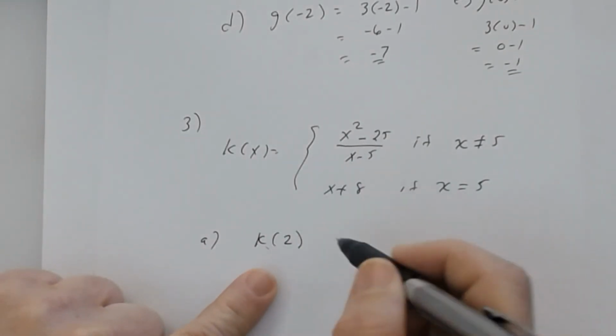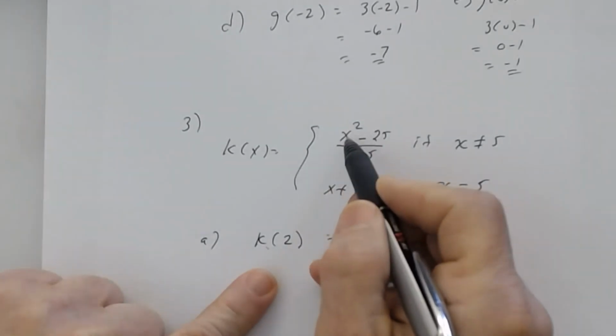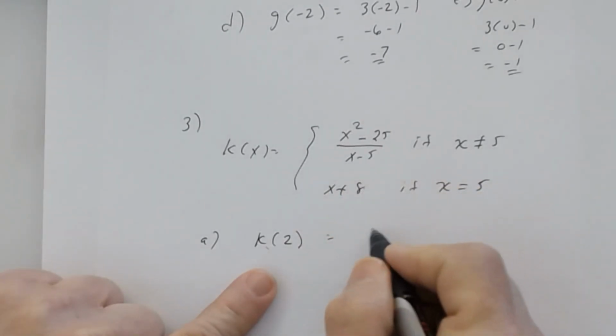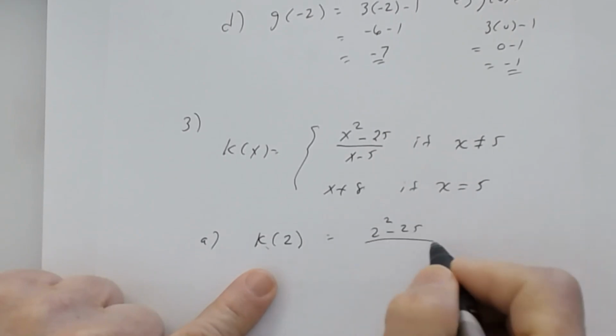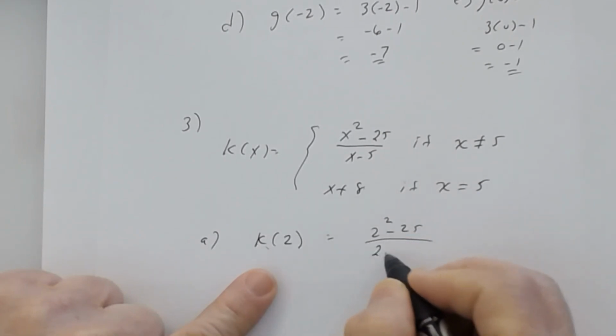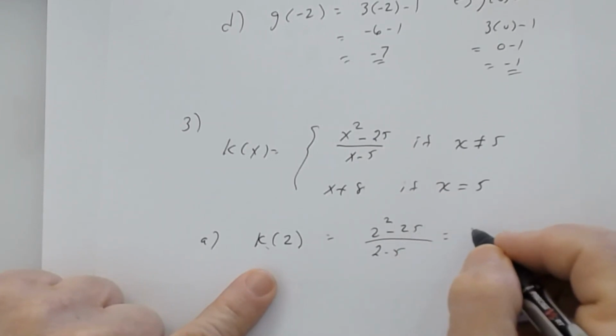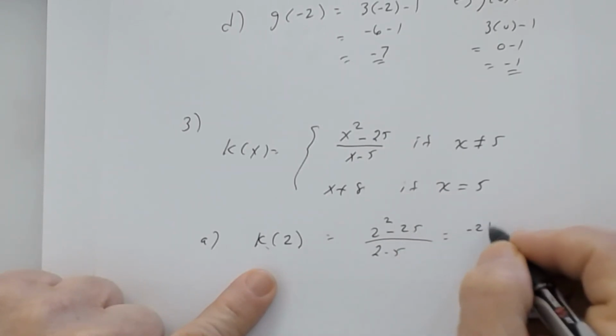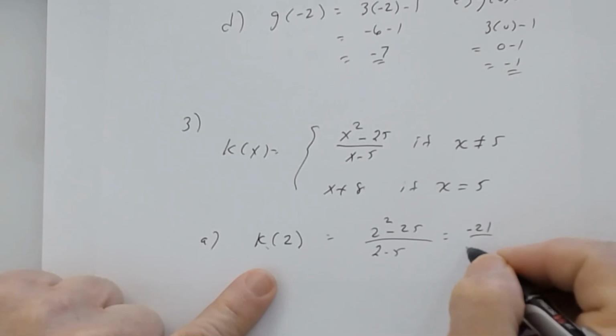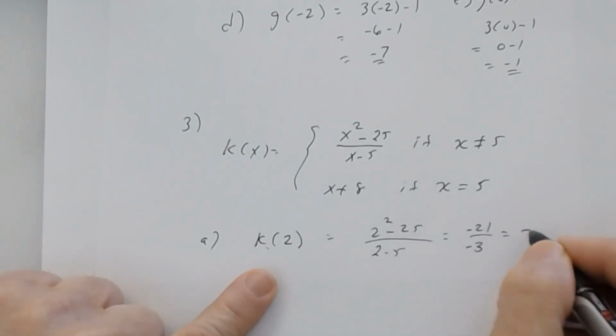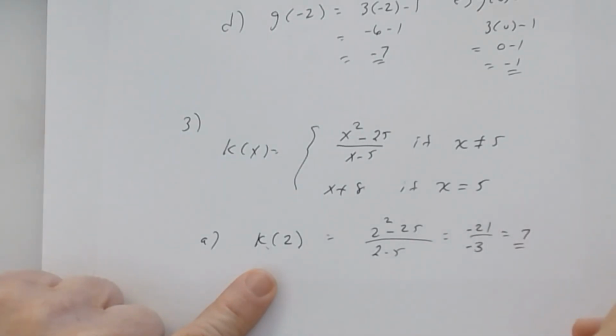The top one. So that becomes 2 squared, which is 4, minus 25, divided by 2 minus 5. So it's 2 squared minus 25, negative 21. What's 2 minus 5? Negative 3. So that's just a positive 7. You see that?